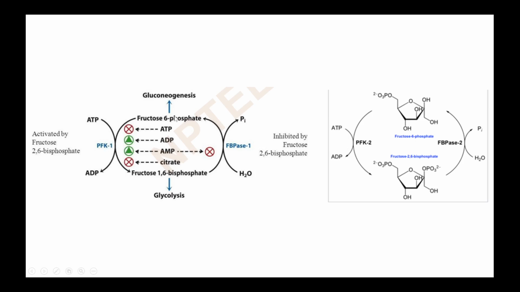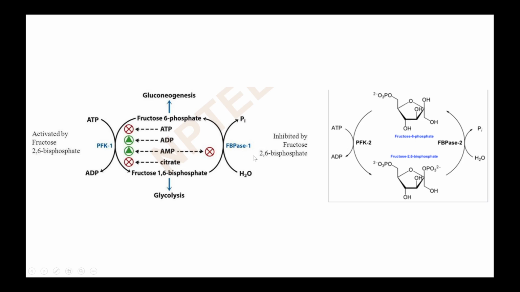So PFK1 is the enzyme that is there in glycolysis, but there is another enzyme called PFK2, which converts the fructose 6 phosphate into fructose 2,6 bisphosphate. And this fructose 2,6 bisphosphate also gets dephosphorylated by an isozyme of FBPase.